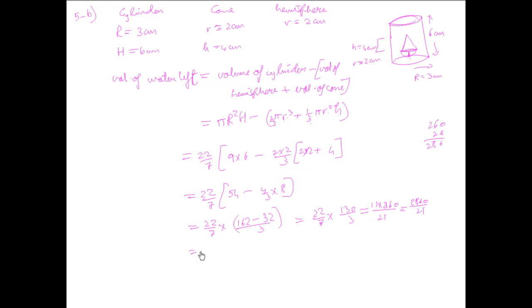Now this, children, we can use short division and divide, so 2860 divided by 21 gives us 136.19 centimeter cube, which would come out to be simply 136 centimeter cube, since they've said to the nearest centimeter cube, children. So what we have done over here, children, we've got the volume of water remaining.